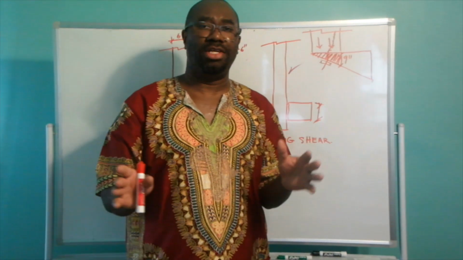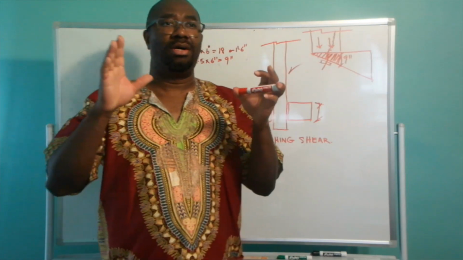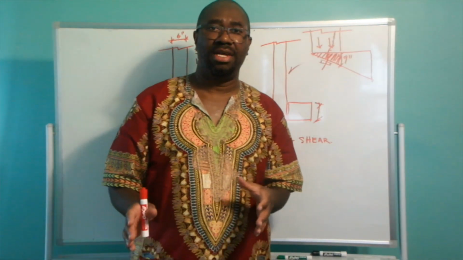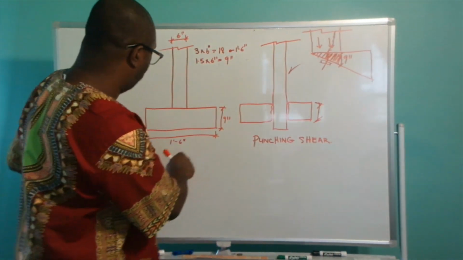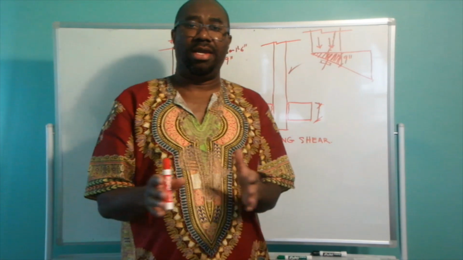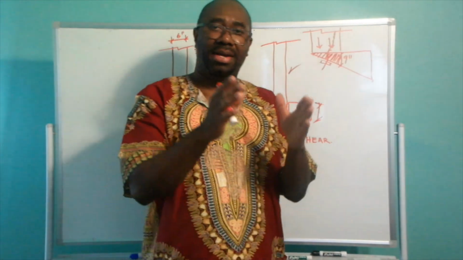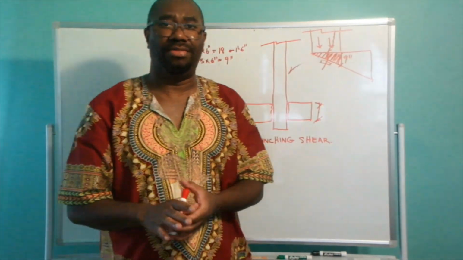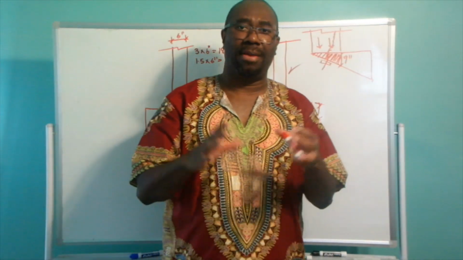Now, I must point out from a design perspective that this 1 foot 6 inches is the minimum width. It can be more, but not less, because the width of your foundation is dependent on the soil's bearing capacity.